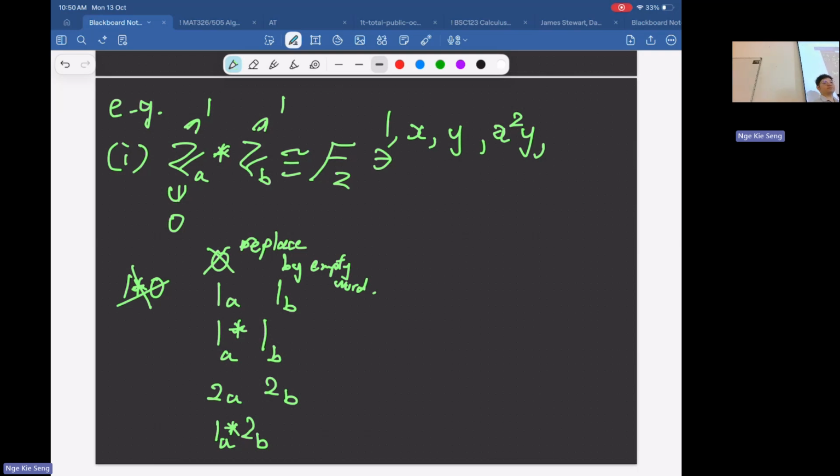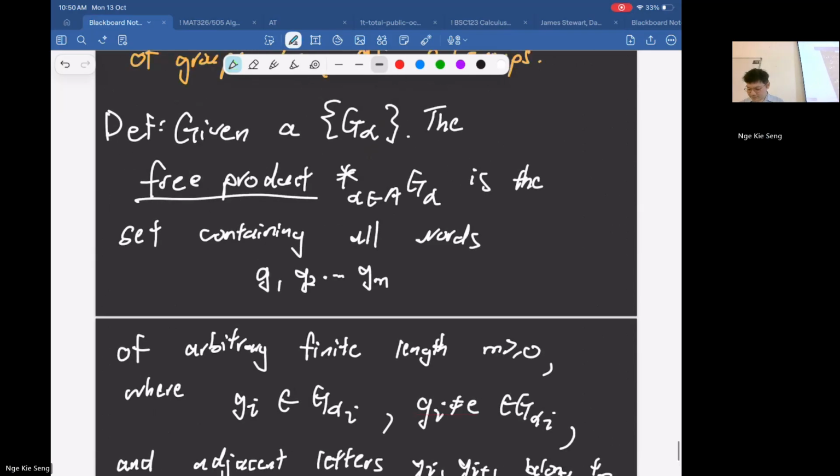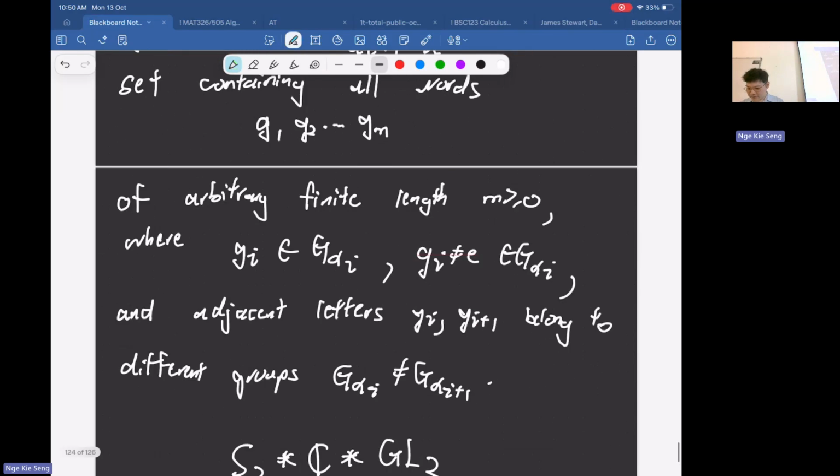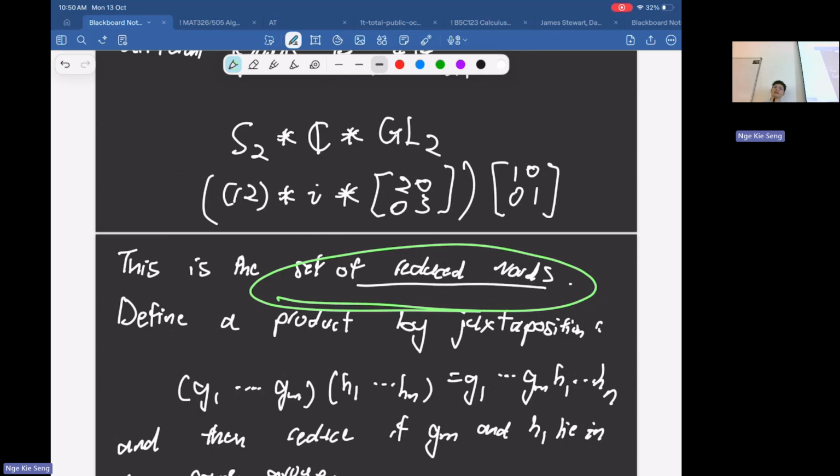So actually, 1 star 0, when you reduce it, is just 1. How do I define reduce? So we throw away E by saying that it gets reduced. I think that's fine.